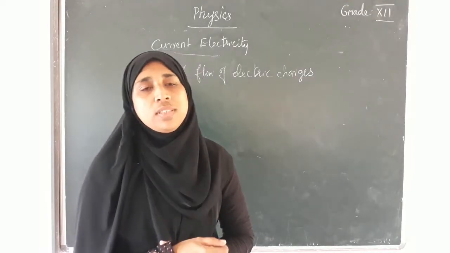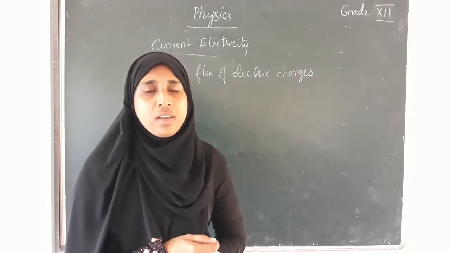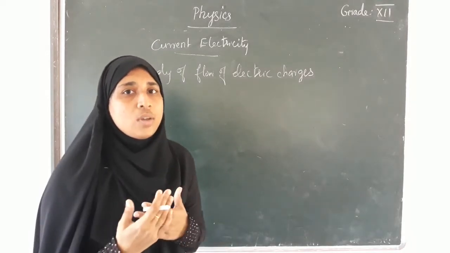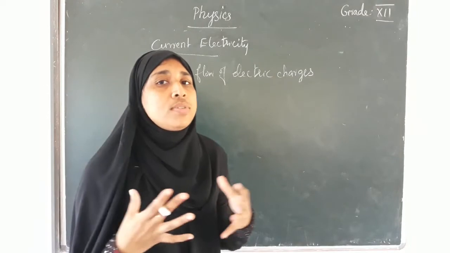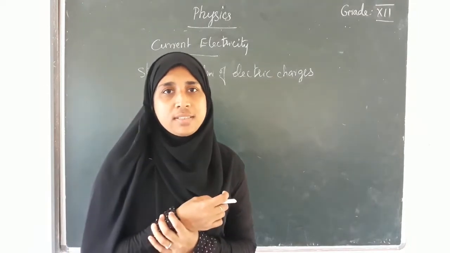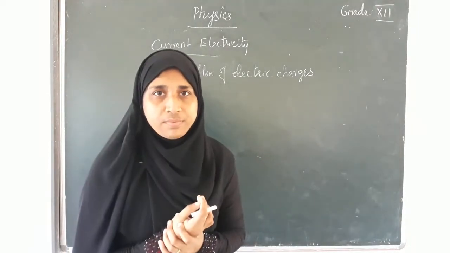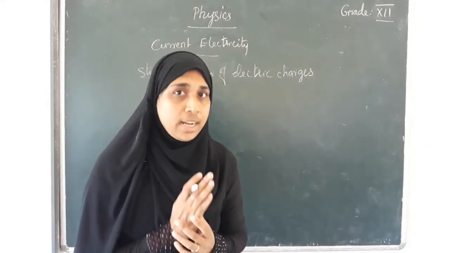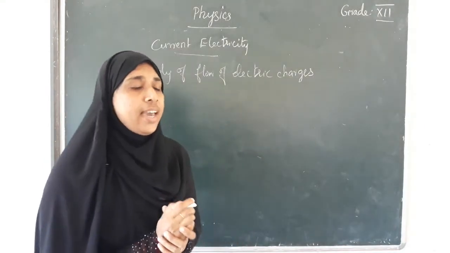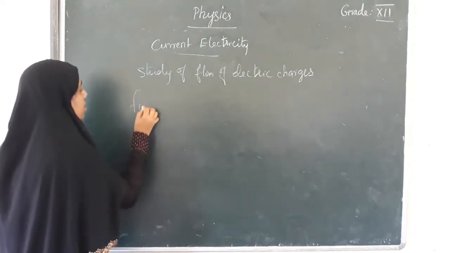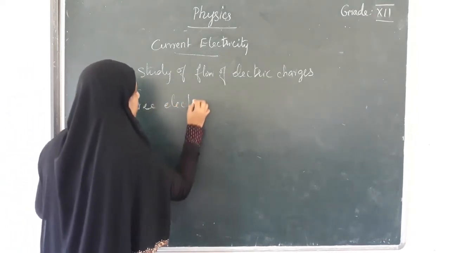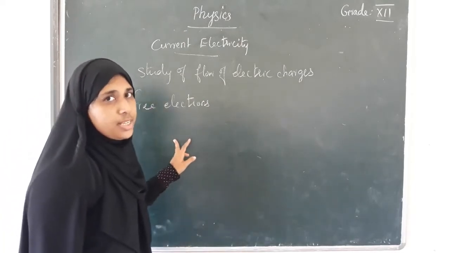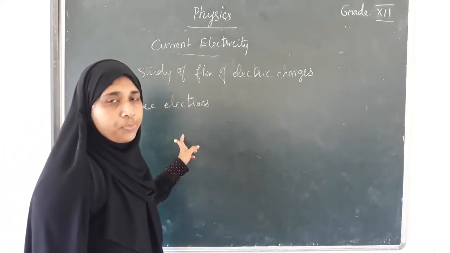In an atom, one or two electrons may be loosely bound to the nucleus and very freely moving. Those electrons are called free electrons. The electrons which are loosely bound to the atom are known as free electrons.